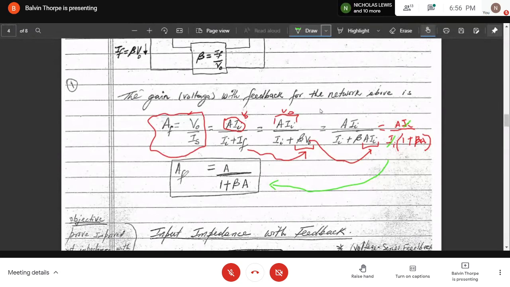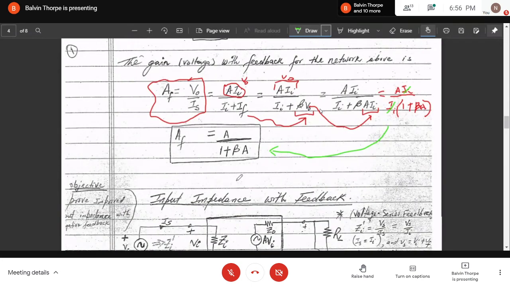And it's reduced by the same factor, 1 plus beta times A. That's one of the things we had suggested or alluded to, and we are now able to mathematically prove from our analysis that it is actually the case: with feedback, the gain of a network with an amplifier is reduced.